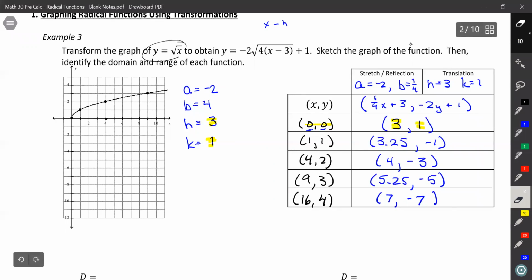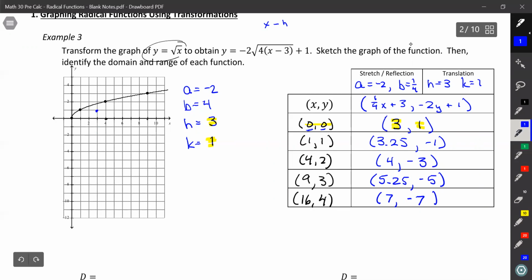So we're gonna go to 3, 1 first, right there. Sorry, I have that one in the wrong spot. It's 3, 1. It's right there.